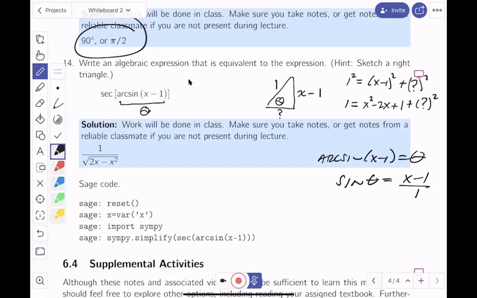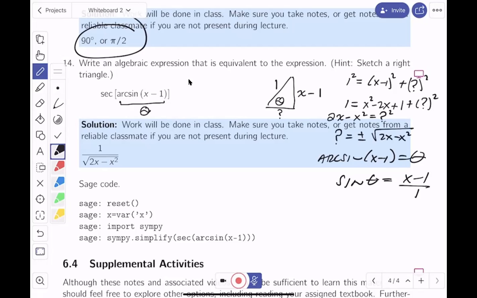Take away 1 from both sides, add 2x to both sides, subtract x squared from both sides. I've got trouble now. The question mark could be plus or minus the square root of 2x minus x squared.